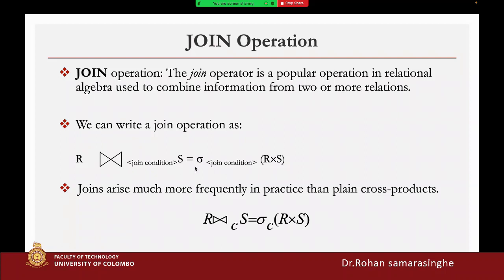This is similar to this one. Join arises much more frequently in practice than plain cross products. When you compare join and the Cartesian product, we can frequently find join rather than Cartesian cross product.